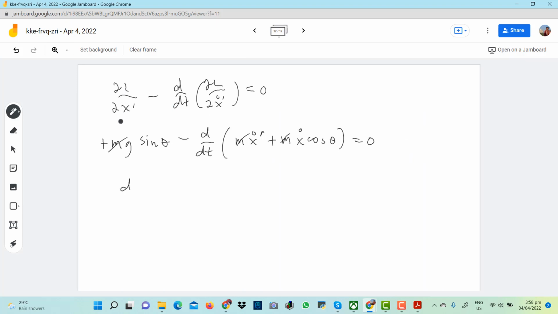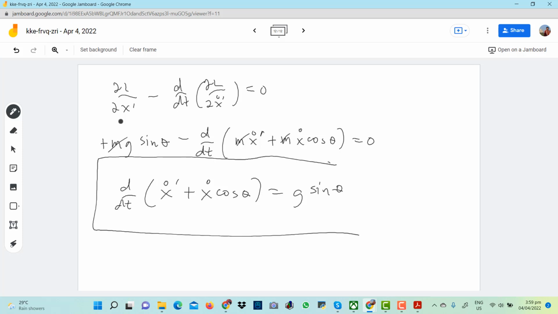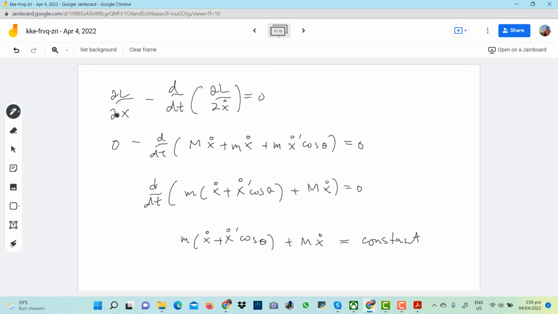So, therefore, d/dt of x dot prime plus x dot cosine of theta equals g sine of theta. This will be the equation that we get from this Euler-Lagrange, and from the other Euler-Lagrange we get the constant.